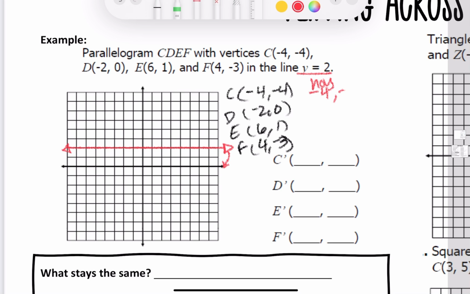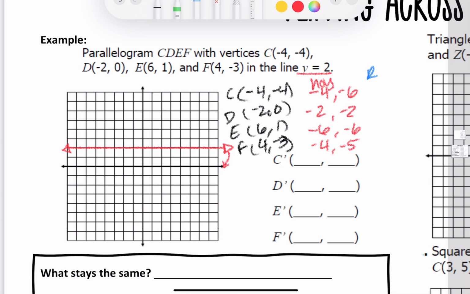So it becomes -4, -6, then -2, -2, 6, -1, 4, -5. Then I'm going to apply my reflection.